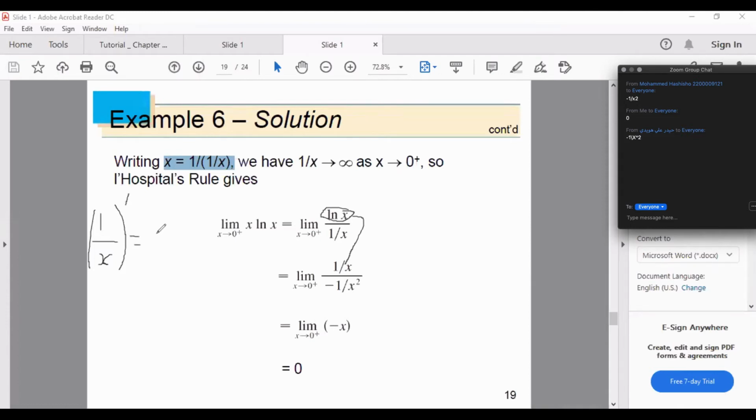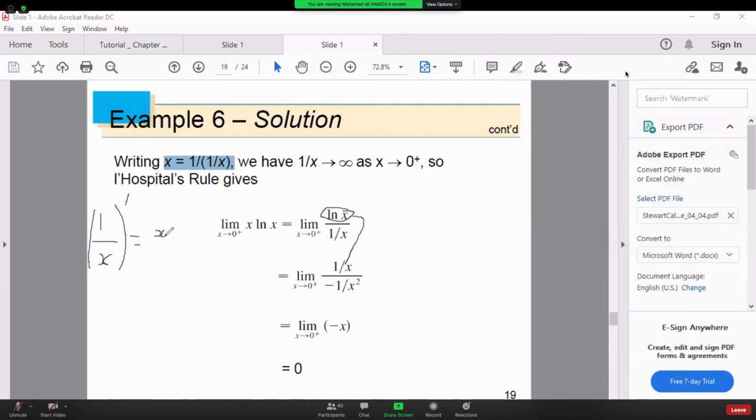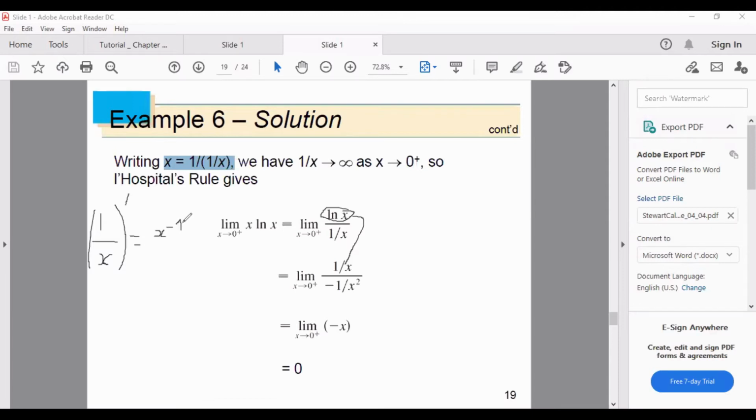What we have to do is write it like x to the negative 1. Then x to the minus 1, prime. Thanks to the formula, it is equal to minus x to the negative 2.